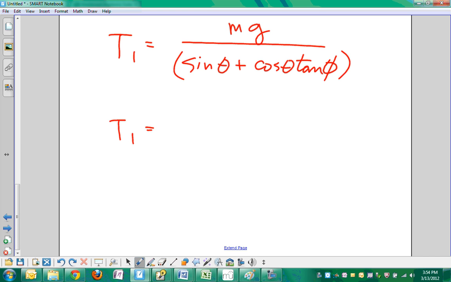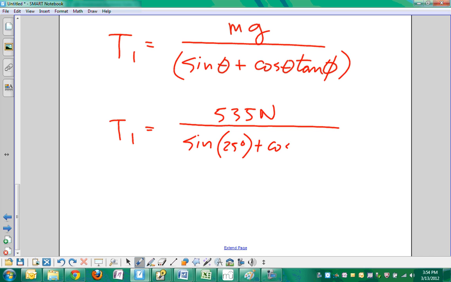So T1 is equal to mg, 535 newtons, over sine of theta, the complement of 65, so 25 degrees, plus the cosine of 25 degrees times the tangent of 10 degrees. That was the complement of the 80 that was given.